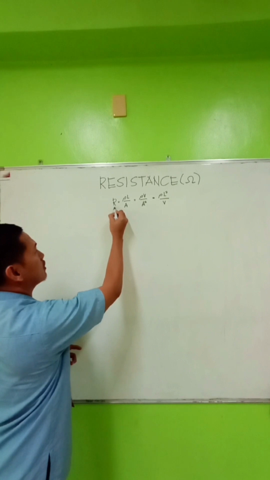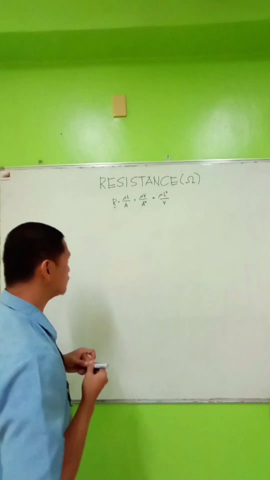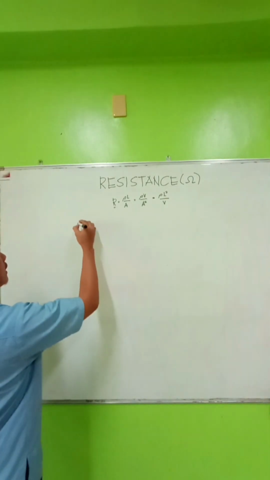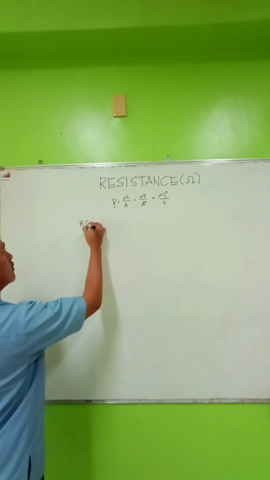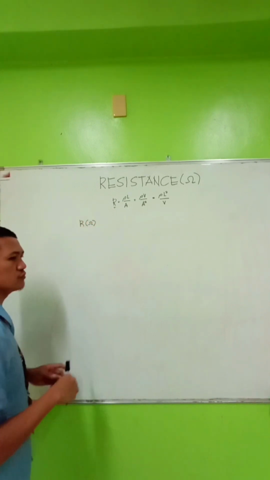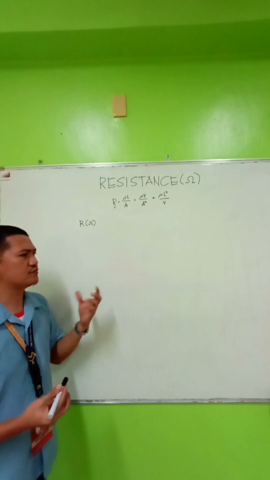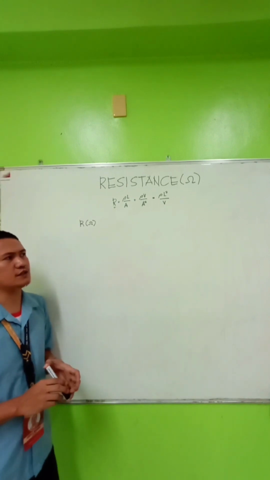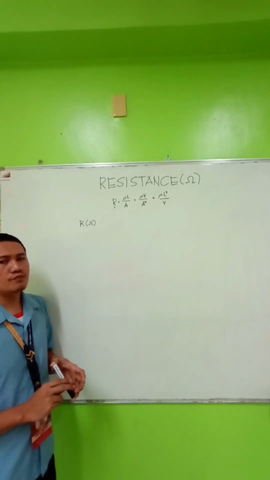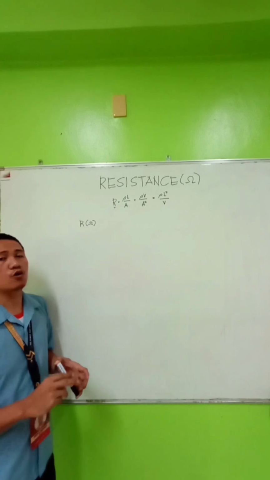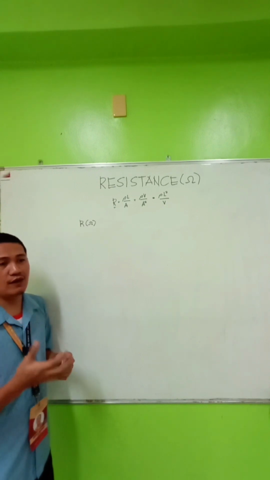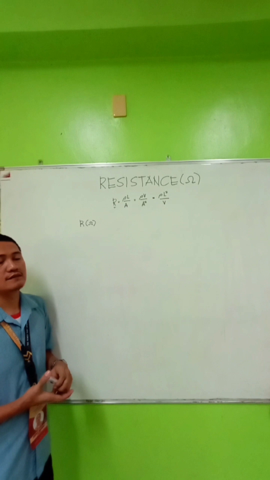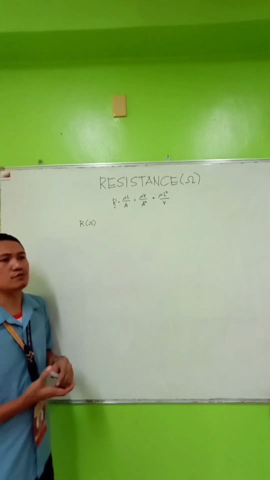What is the unit for our resistance? Ohms, yes. So our R, the unit for resistance is in ohms. What are the other factors related to our resistance? Or what are the factors that affect the resistance of our conductor, for example?